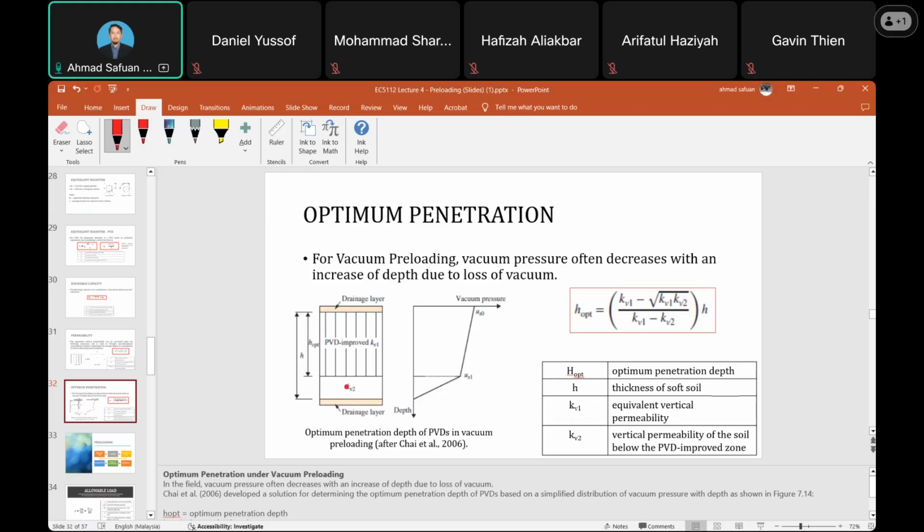So this is the KV2. So this is the KV1. From there, with the use of the vacuum, it's not necessary to penetrate up to the hard layer. So that is for the optimum penetrations.